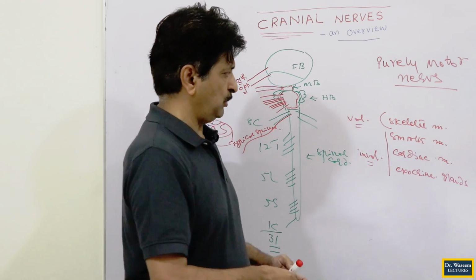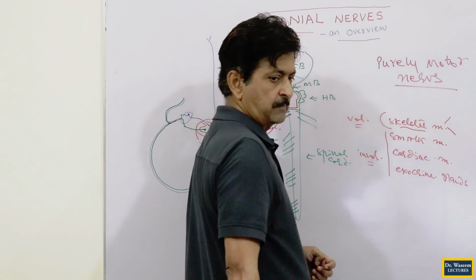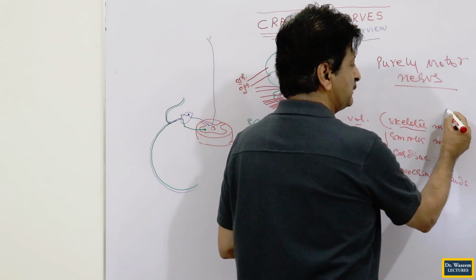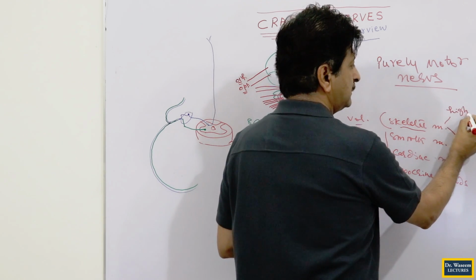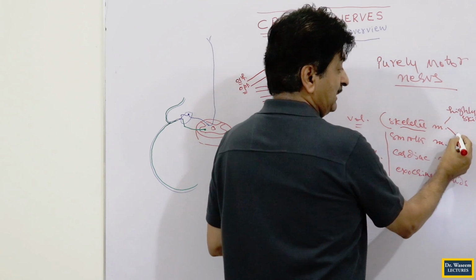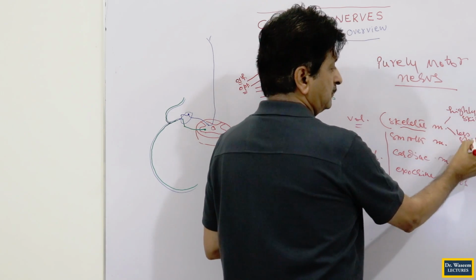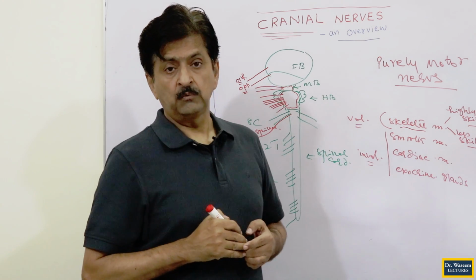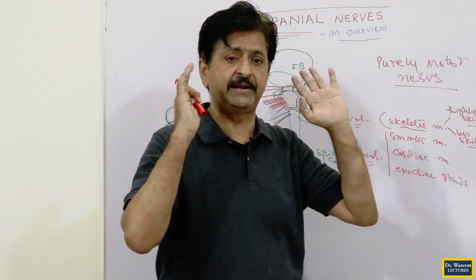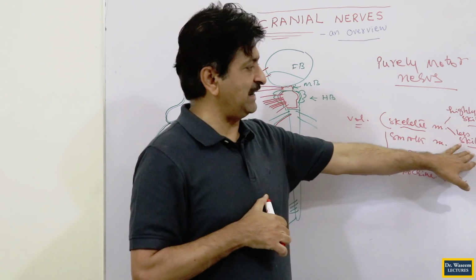Skeletal muscles can be divided into two groups: highly skilled and less skilled. We don't have a third group in your head and neck, especially the head.